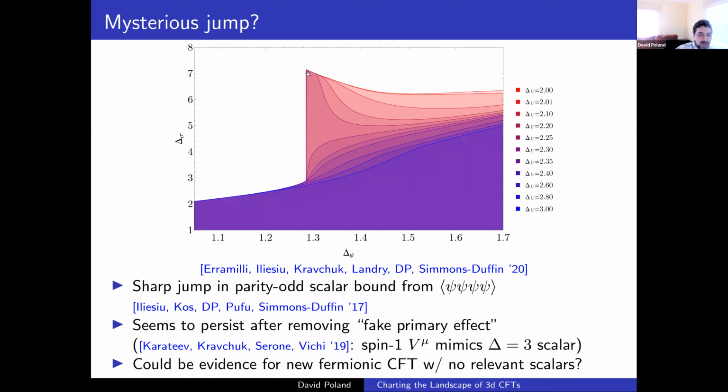So there's still some possibility that maybe there's some interesting CFT living up at the top of this jump or this spike. And if there were, then it would be a very interesting conformal field theory, because it would be a conformal field theory where there are no relevant scalar operators in the spectrum.